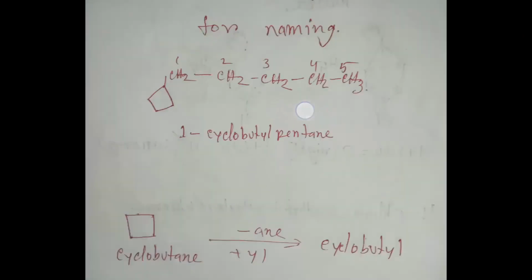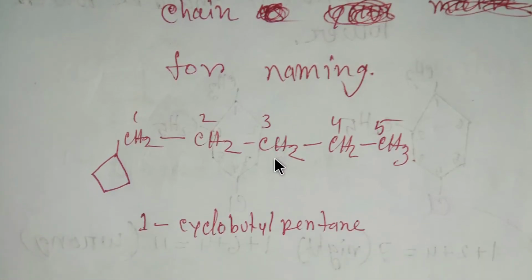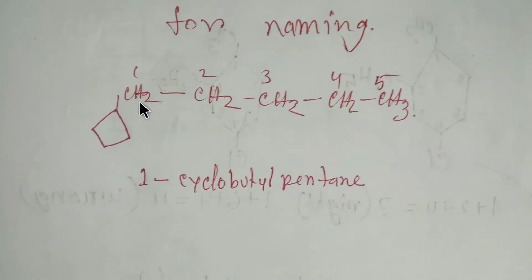Well, rule number 6, always consider the longest chain for naming. Sometimes we are confused about what the main compound will be. So observe here, this is 1, 2, 3, 4, 5. This has 5 carbons, but this has 4 carbons.